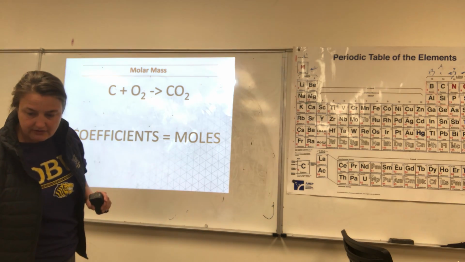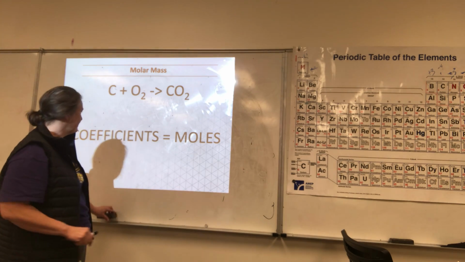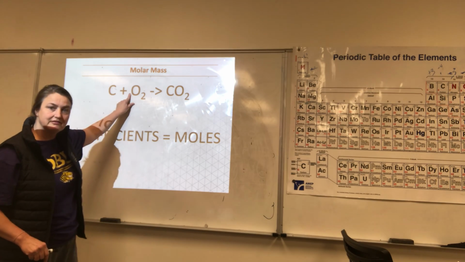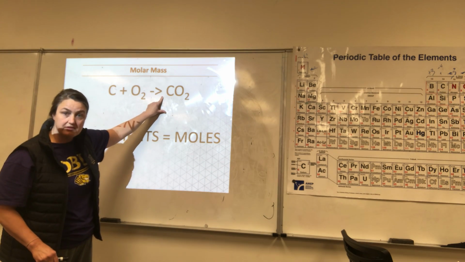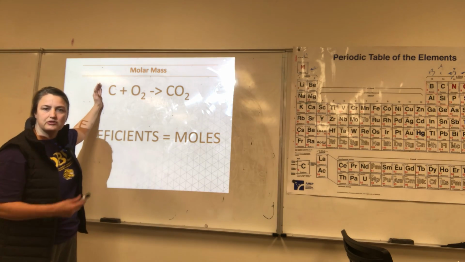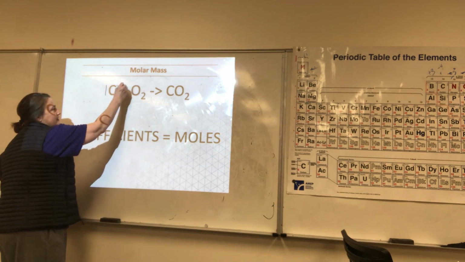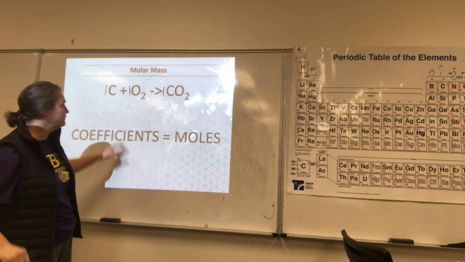Actually, there's one more thing you need to know about the shorthand method of this. The coefficients, the numbers that we put in front, are also the number of moles. In this case, if it's 1, we don't usually write 1, so it's just understood. If there's nothing there, it's 1.